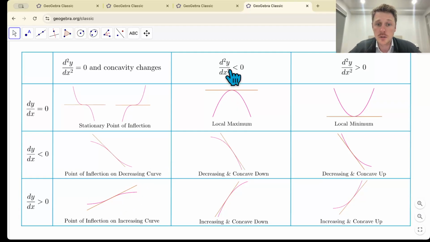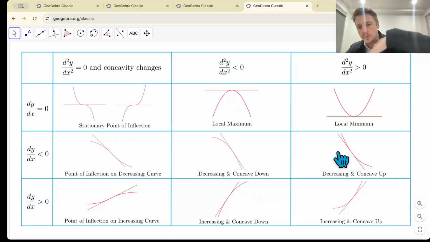Okay, and then there's the other situations where both the first and second derivatives are negative, so you've got a decreasing curve and it's concave down. If the first derivative is negative and the second is positive, the function is still decreasing because the first derivative is negative, but it's now concave up because the second derivative is positive.